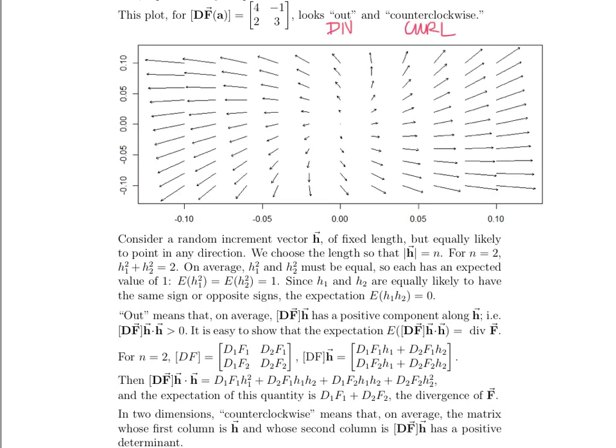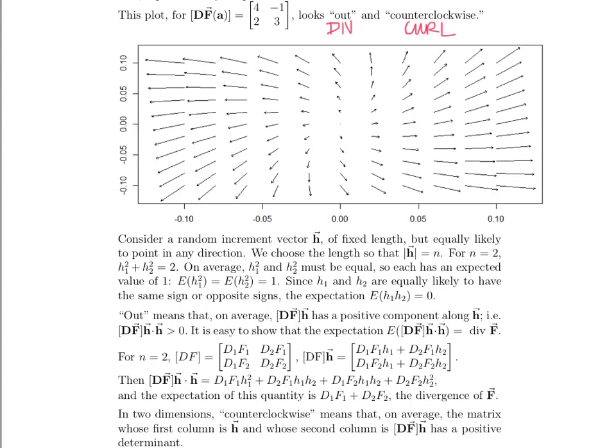And the expectation of this quantity is just going to be, well, h1 h2, both of these go to 0. h1 squared's expectation and h2 squared's expectation is 1, so the expectation of df of h dotted with h is going to be d1f1 plus d2f2. The derivative with respect to the first variable of the first component function plus the derivative with respect to the second variable of the second component function, that's the divergence of f.